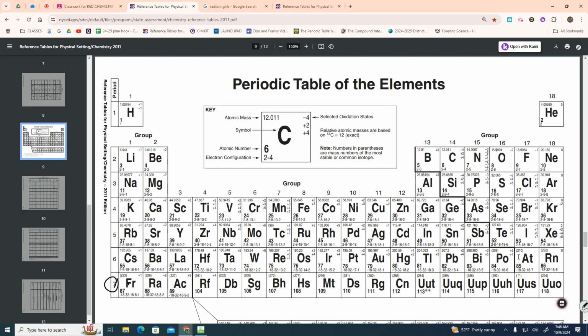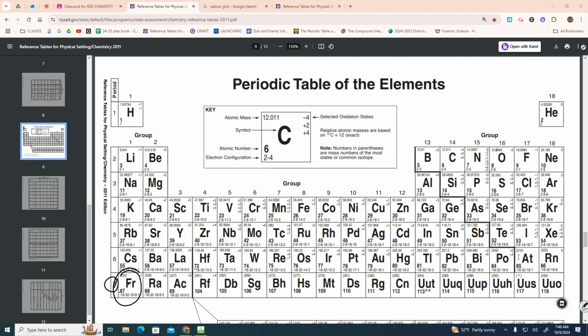The fluorine is the most reactive because those electrons in that second energy level, second ring, are closest to the nucleus. So that nucleus has a lot of pull on that second ring because it's pretty darn close. So this is the most reactive metal. Fluorine, all the way over there, is the most reactive nonmetal.